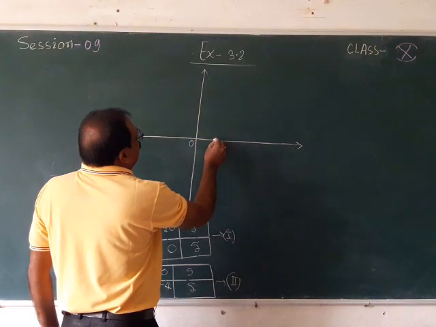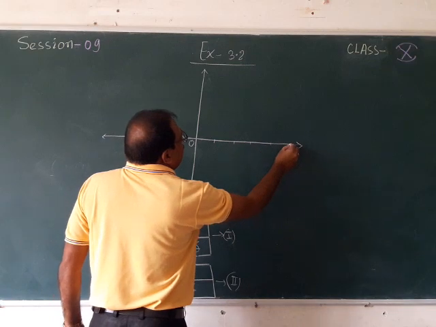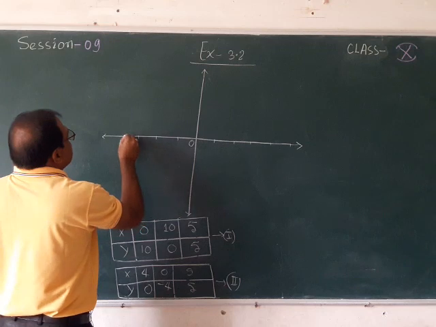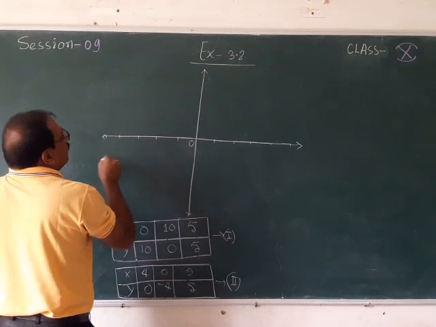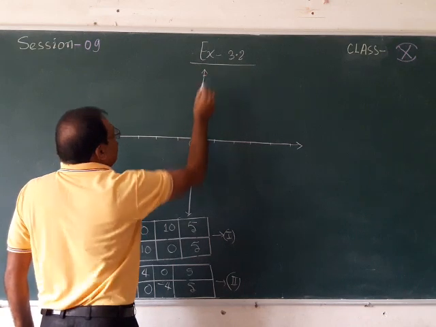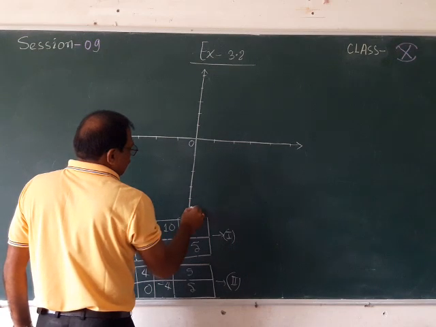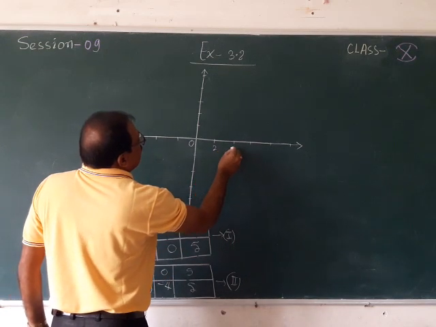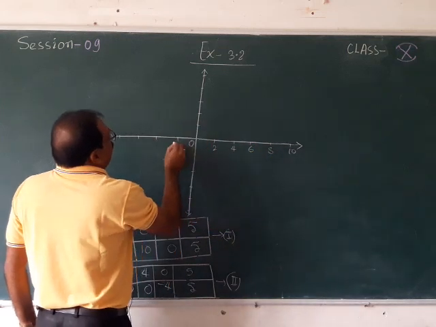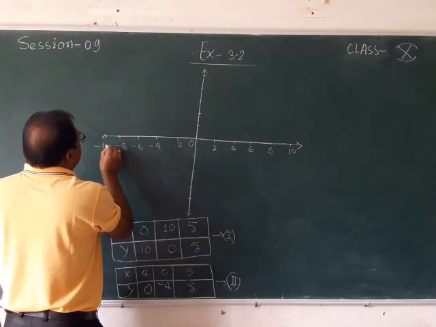That means I have to work with 2, 4, 6, 8 and 10. So I am just writing 2, 4, 6, 8, 10 here, then -2, -4, -6, -8, then -10.